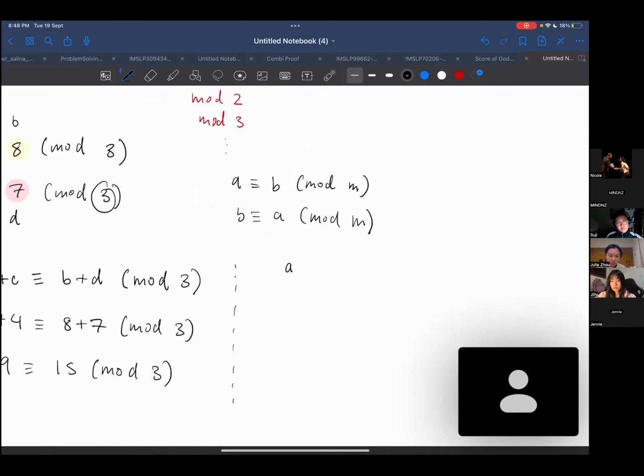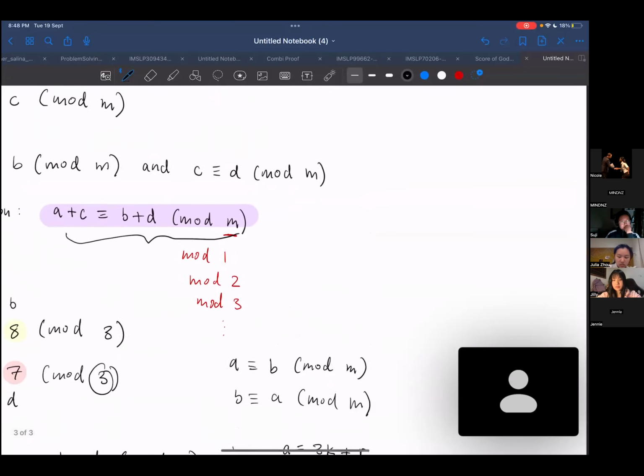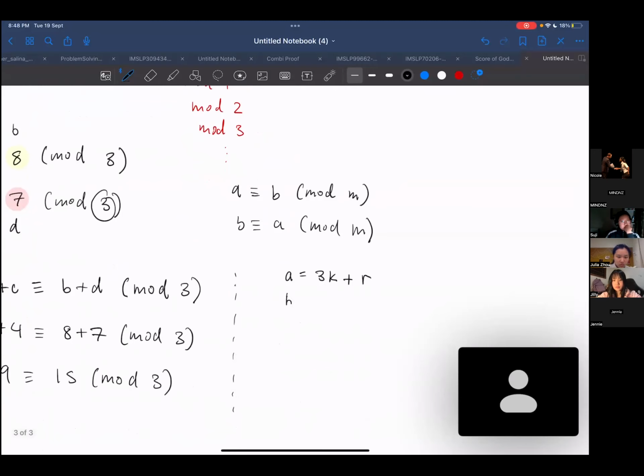Then let's say A equals 3k plus r for remainder. Since we know that A and B are congruent, then B equals 3j plus r because they have the same remainder.